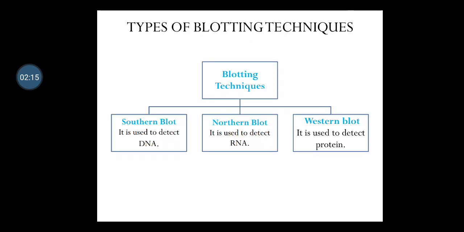These are the methods of blotting techniques wherein you are able to detect different types of genetic material. The first one is the southern blotting technique, especially for the identification of DNA. Northern blotting is responsible for the detection of RNA, and with western blot one can detect the protein.